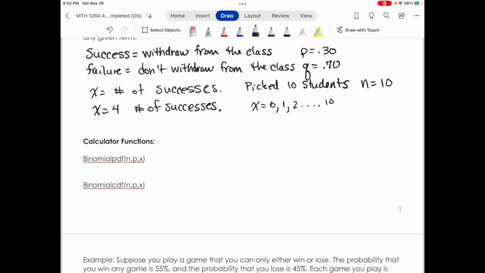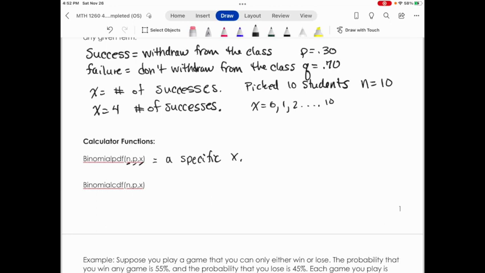What you enter on the calculator is your number of trials, your probability of success, and then your number of successes.